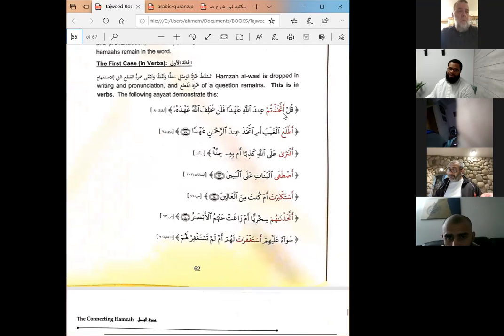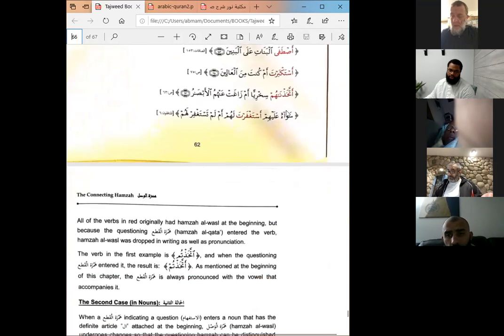Originally it would have been أتخذتم. But because the 2 Hamzas came together, they omitted the Hamzatul Wasl because it's the weaker of the 2 Hamzas, so to speak. And the only thing that's left is that fatha on the Hamzatul Qata. That's in verbs.